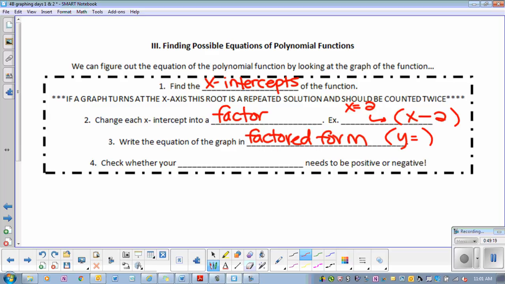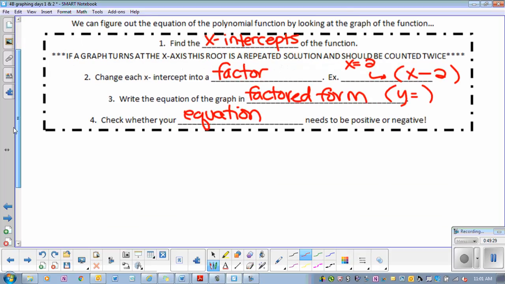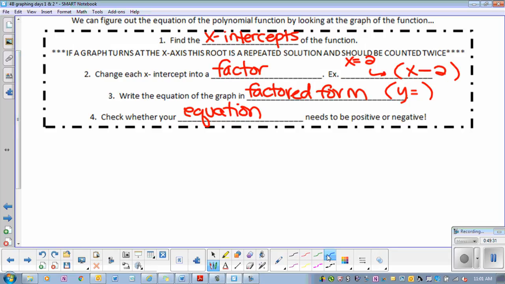And then lastly, you need to check whether your equation needs to be positive or negative. So, how do we know? Remember, the right arm of the graph always tells you.